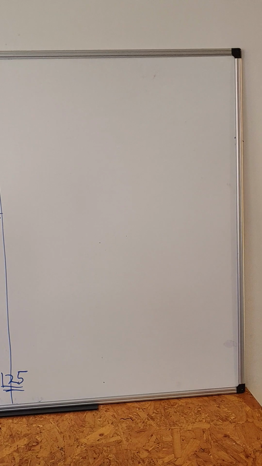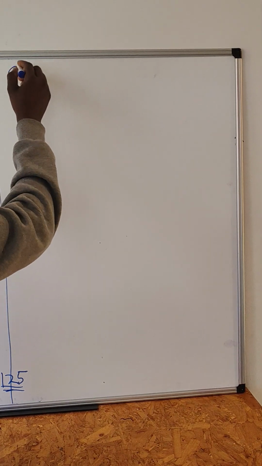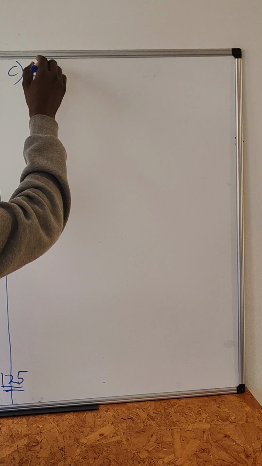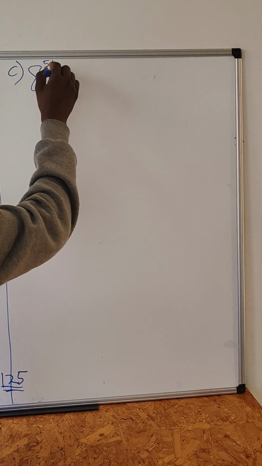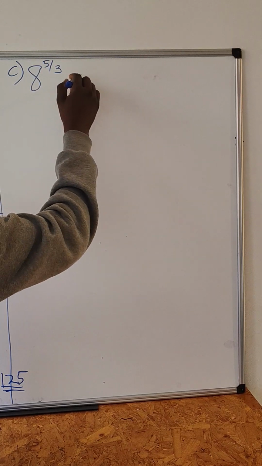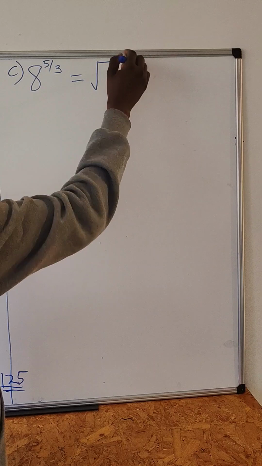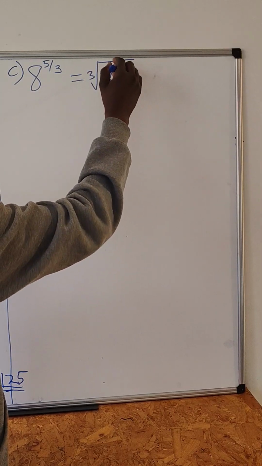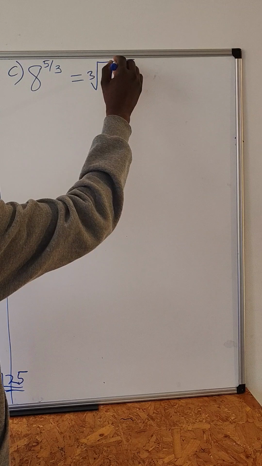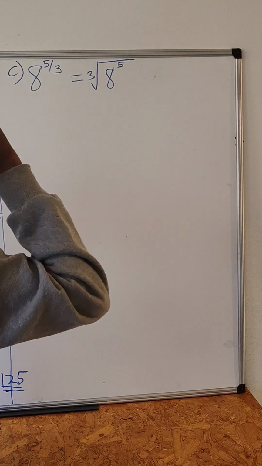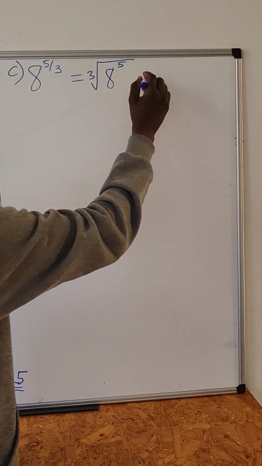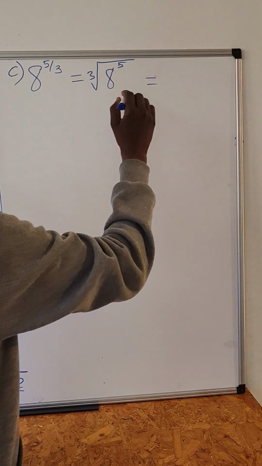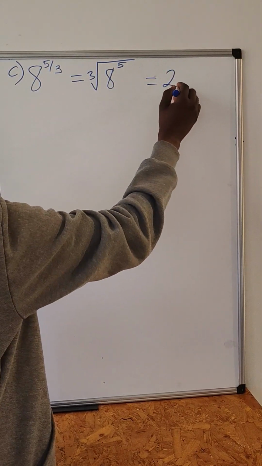The third one, viewers, is 8 raised to power 5 divided by 3, which is the cube root of 8 raised to power 5. What is the cube root of 8? The cube root of 8 is 2.